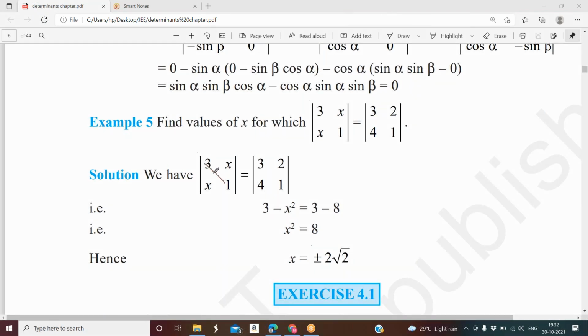This is 3 into 1, downward arrow minus upward arrow. So 3 into 1 minus x square on the left hand side. When you expand the determinant, you will be getting this.